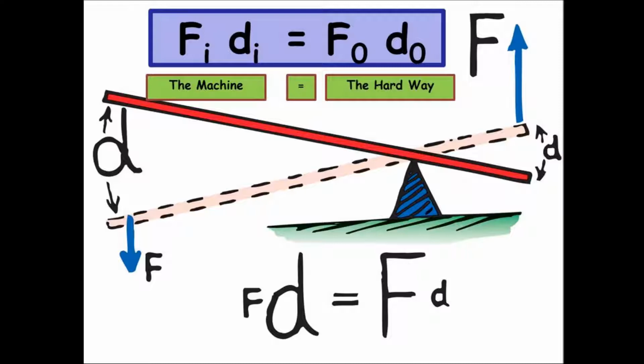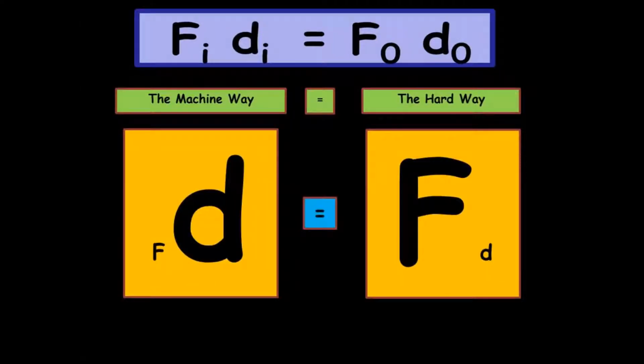Just want to emphasize the whole concept of the machine. The next slide will emphasize this as well. Kind of take the machine out of it. Don't forget this is a lever. A lever has a fulcrum. That's the triangular solid underneath the red board. That's going to be a fulcrum.